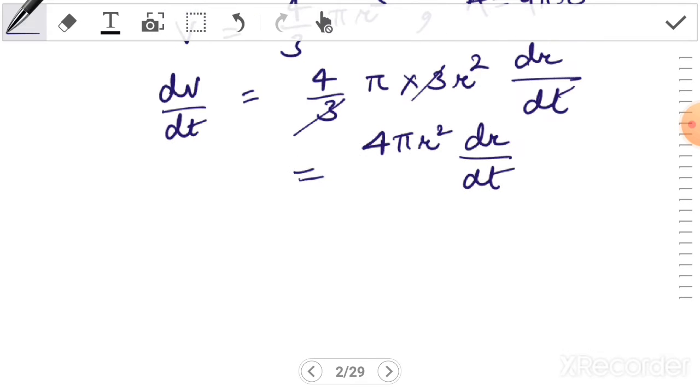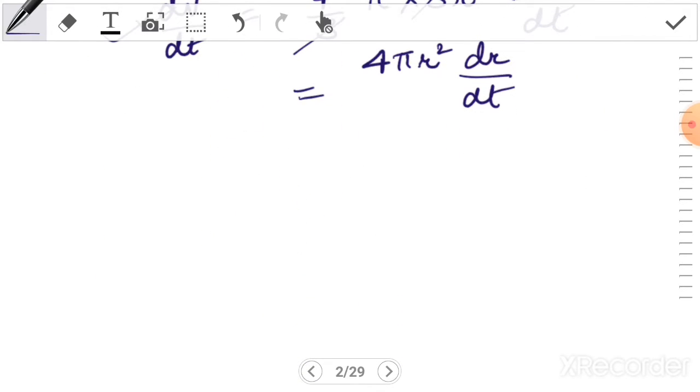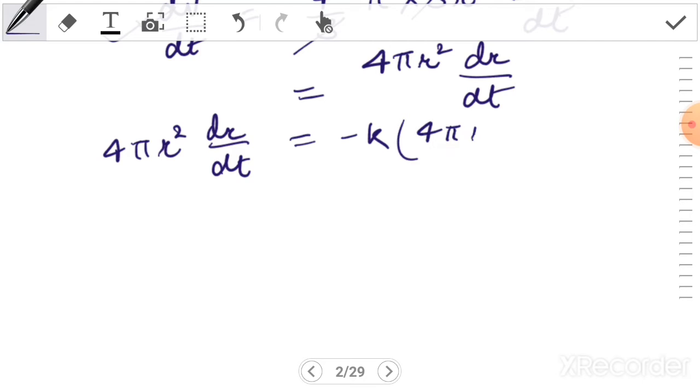Let us substitute this here. dv by dt is equal to minus k times A. So 4 pi r square dr by dt is equal to minus k 4 pi r square.